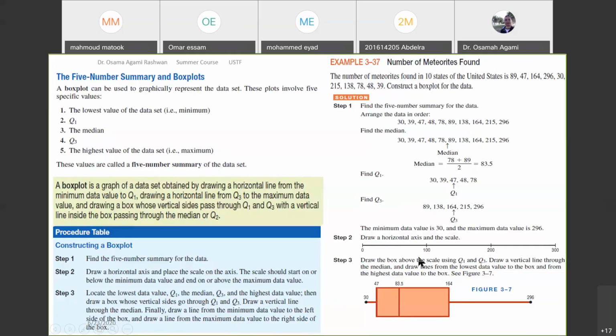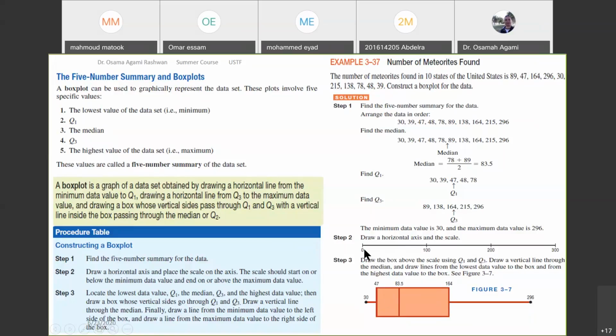Now, how to graph the box plots? I have a line, and I put at the beginning the minimum value, which is 30, and at the end, the maximum value, 296. So I have to scale this line up to my values.